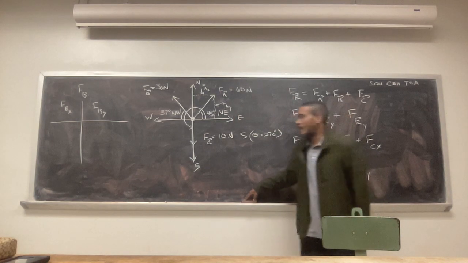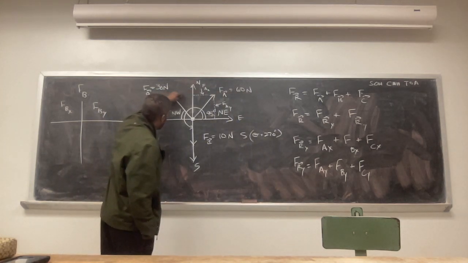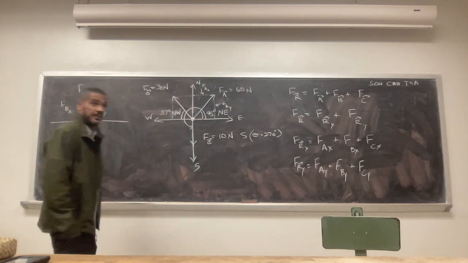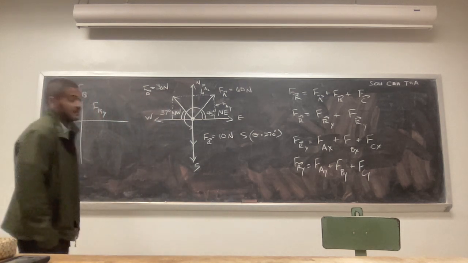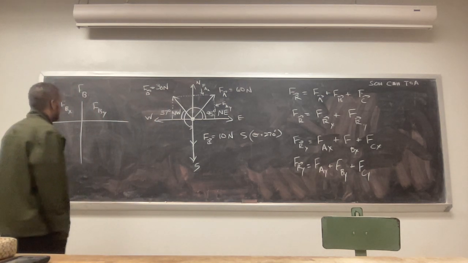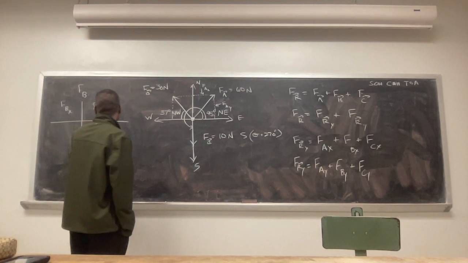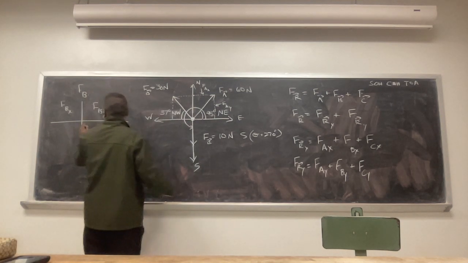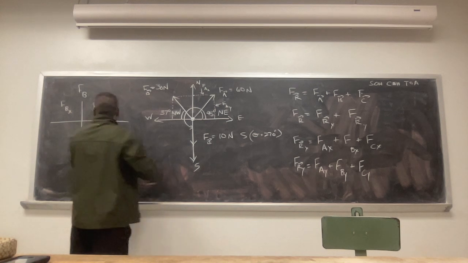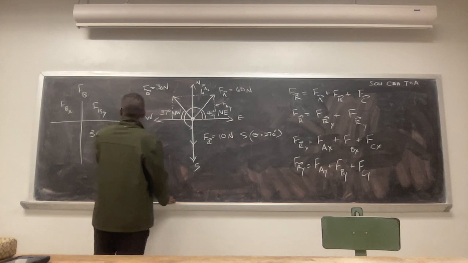How do we get that one? So our x component is here, and our y component is here. 30 times sine 37. That's the y component. So F of B, well, it's up there already, 30 sine 37 degrees.